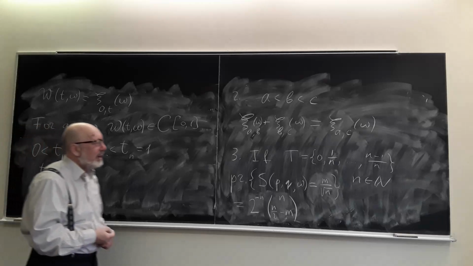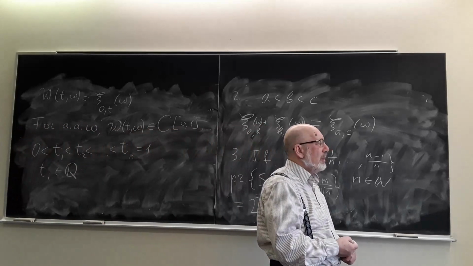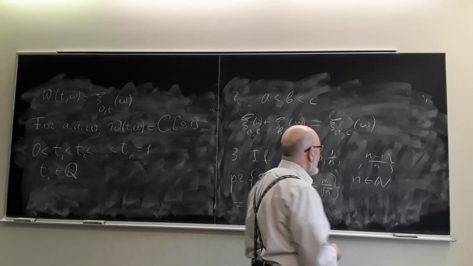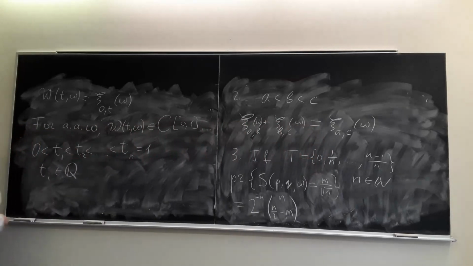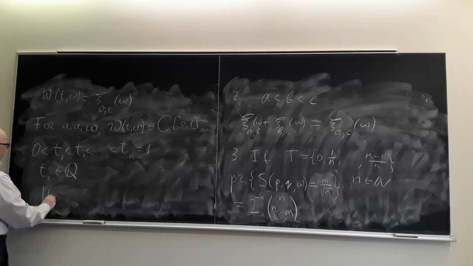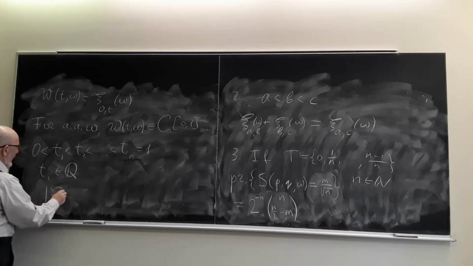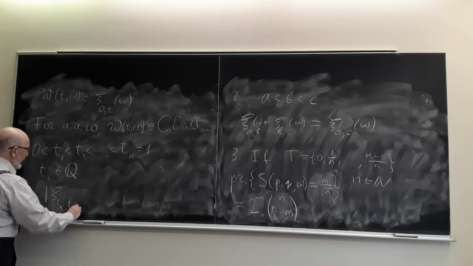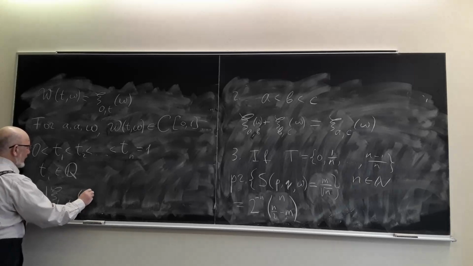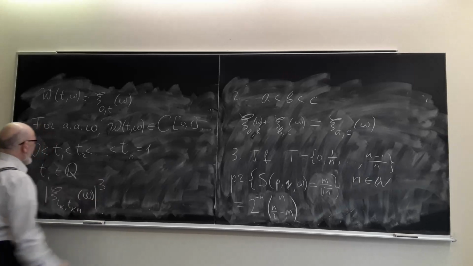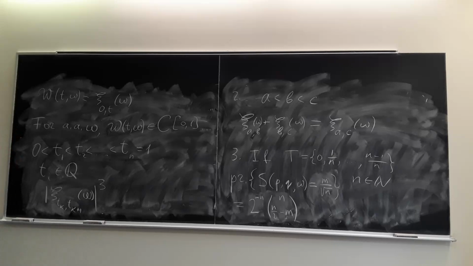And we want to estimate the following quantity: C of t_k, t_k plus 1 of omega, to the fourth power. Just take one k.